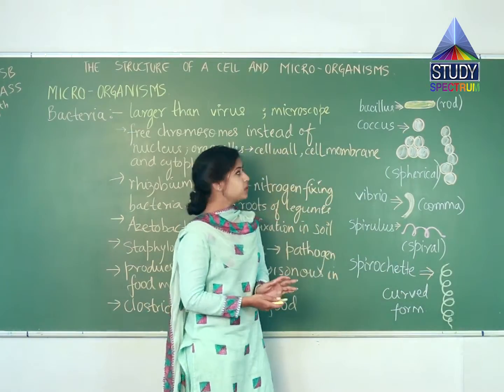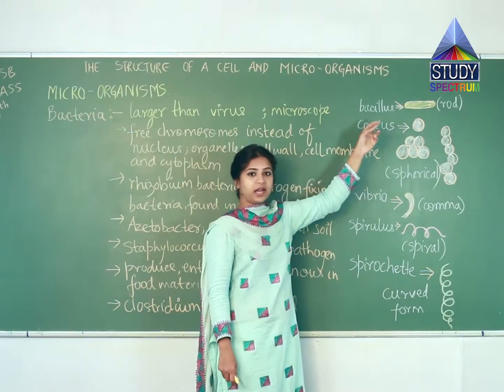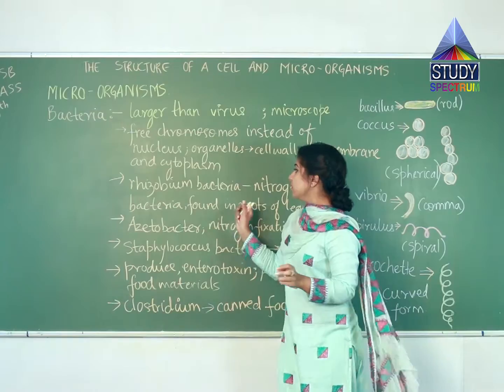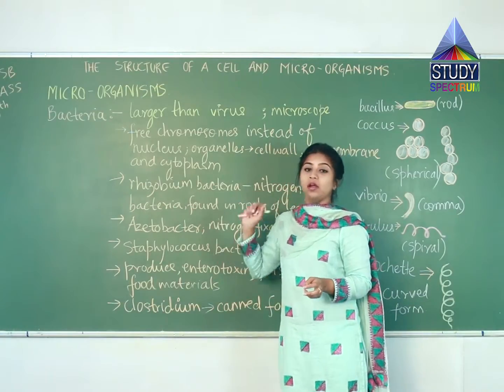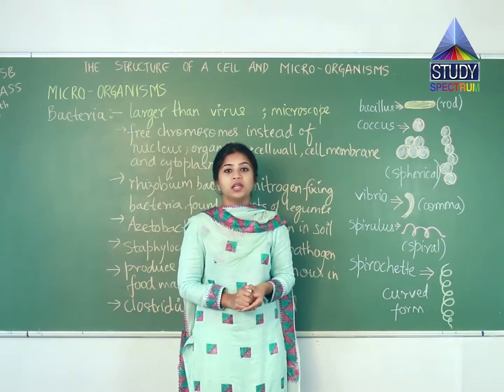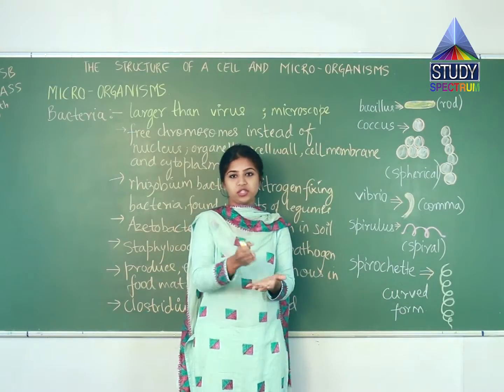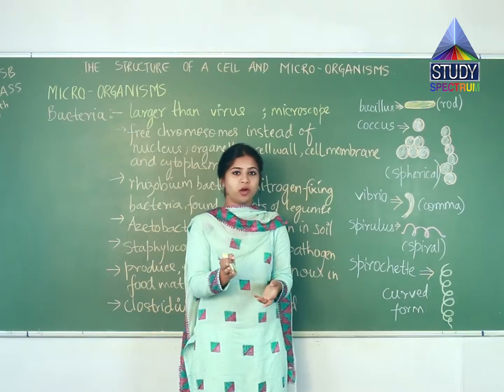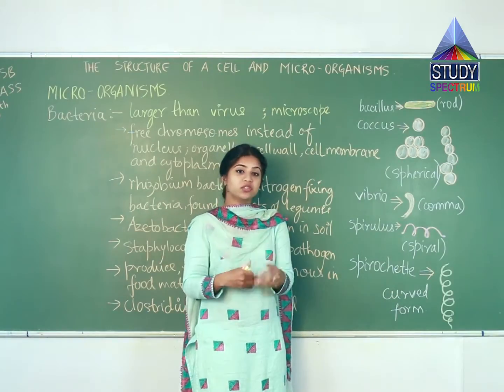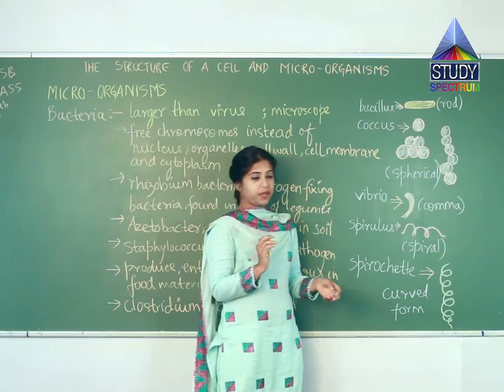Now examples of bacillus would be the rhizobium bacteria, or the E. coli bacteria for that matter. E. coli is nothing but Escherichia coli, and this is a very complex name. You need not really learn all these names, but for your extra knowledge, I'll be telling you about the names of microorganisms.